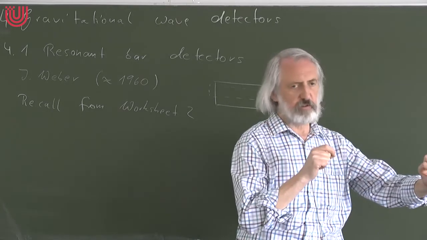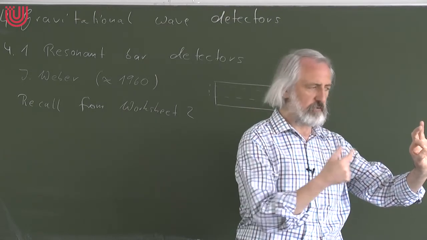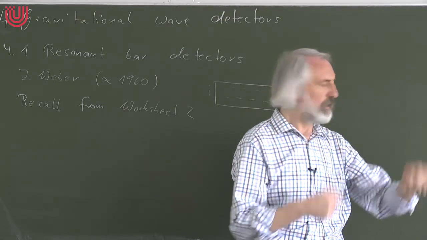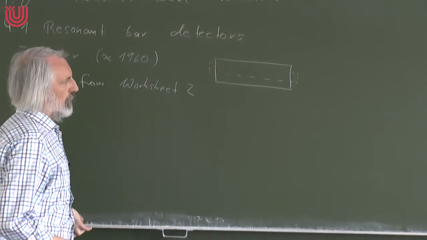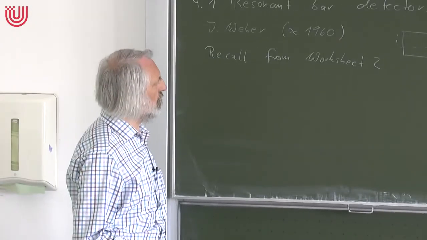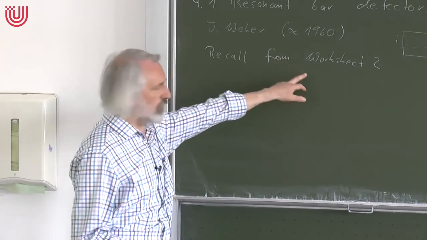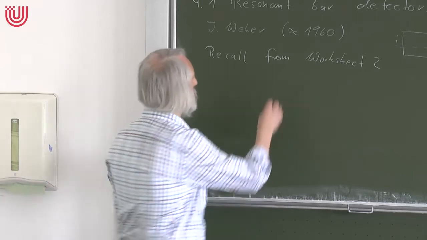y_k really measures the distance from a central particle. So if the y_k changed, this really gives us the change of the distance. And we derived the formulas for the y_k as a function of time in the lecture. This gave us the plus mode and the cross mode. And in the worksheet, we derived a differential equation which involves the curvature tensor. And that's what I want to use now.